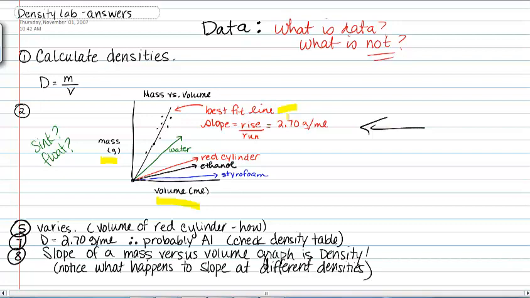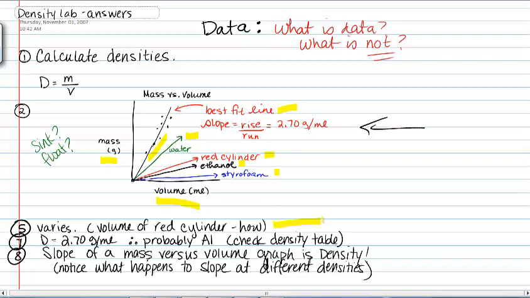And then there are a bunch of other lines you should have: the water, the red cylinder, ethanol, and styrofoam, in that order. Some of you found the red cylinder's density to be precariously close to water, or in some cases, you may have found that the red cylinder line was actually in between the metal cylinder and water. It shouldn't have been. So it probably went to question 5.